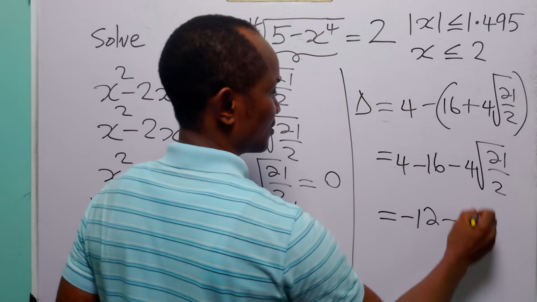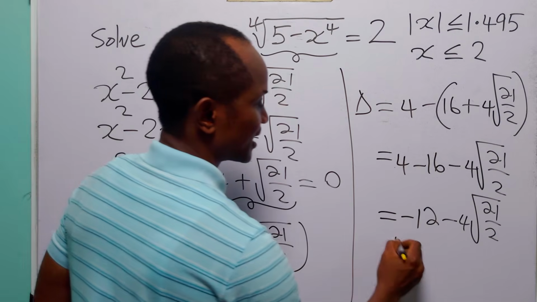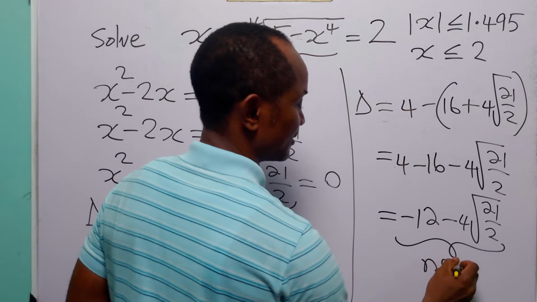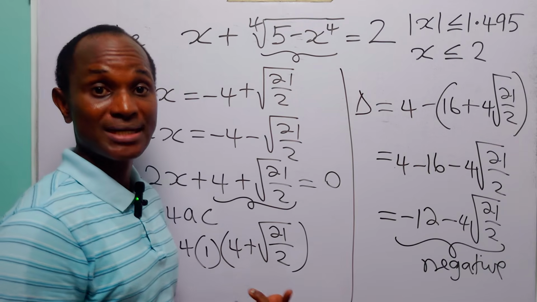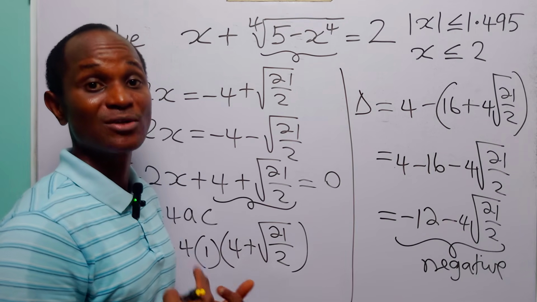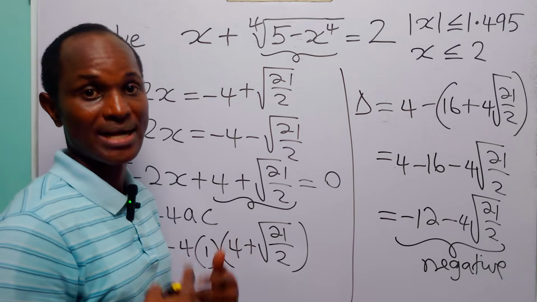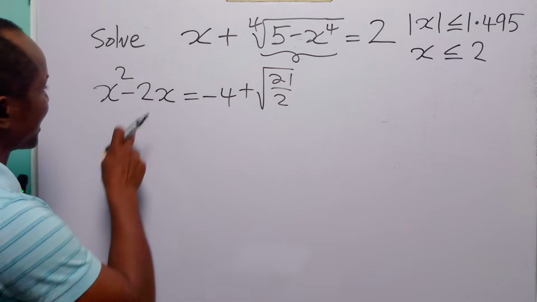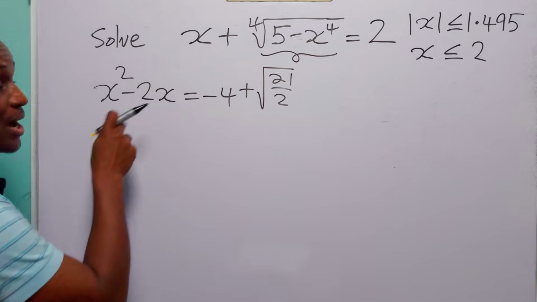Then minus 4 root 21 over 2. You can see that this number is negative. And of course, you know that when the discriminant of a quadratic equation is negative, that quadratic equation has no real roots.